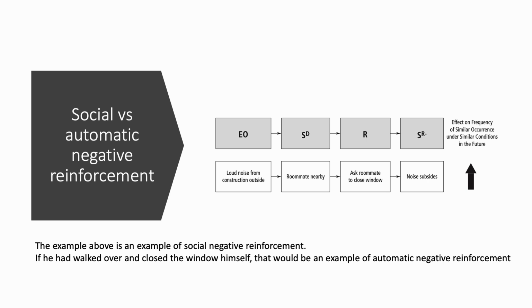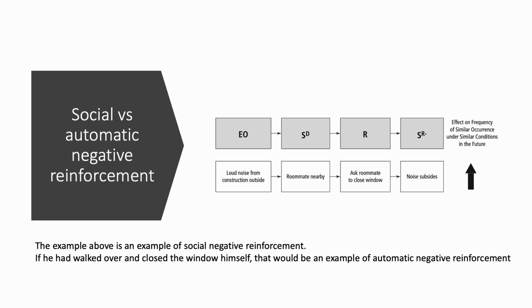Okay, in the example that I gave you guys, I included it here anyways, where there's a loud noise from construction outside. And so we see that our roommate is close by, and we ask our roommate to close the window for us. And what happens is the noise goes away.